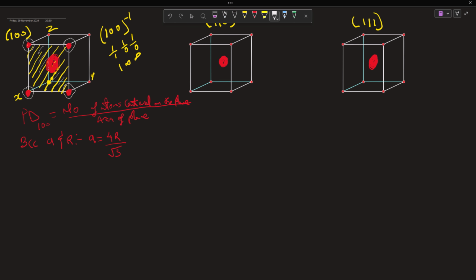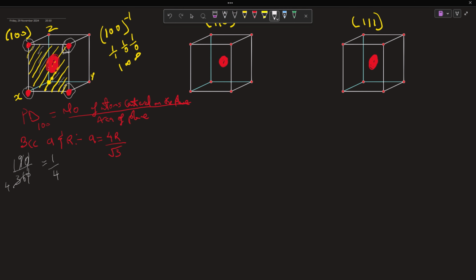Because we have angle 90, and the angle on the full circle is 360. So since each of those atoms is sitting at 90 degrees on 360, we say our number of atoms centered on the plane is equal to 90 over 360, the 0 cancels 0, 9 in 9 is 1, 9 in 36 is 4, so it is equal to 1 over 4.